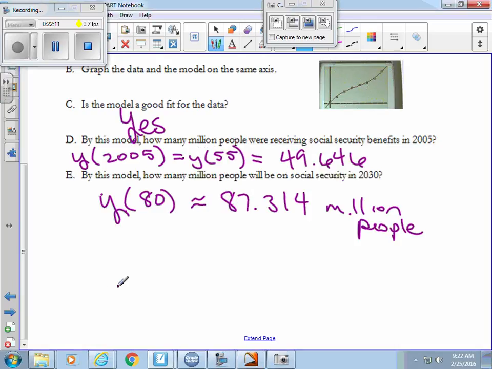Okay, any questions about that? And then on the bottom one, we just type in 80 instead of 55.